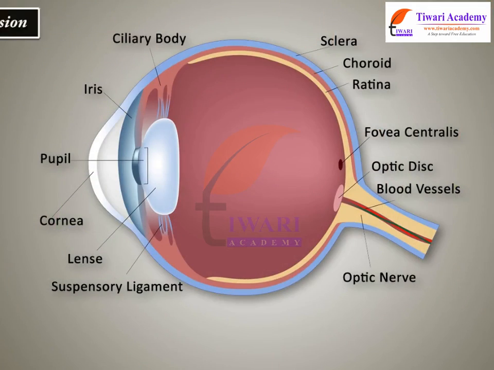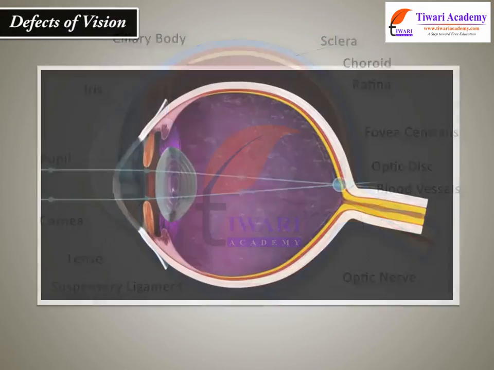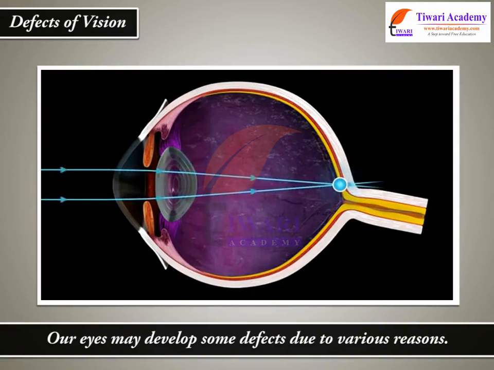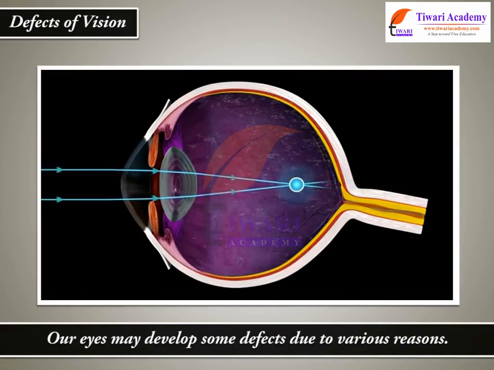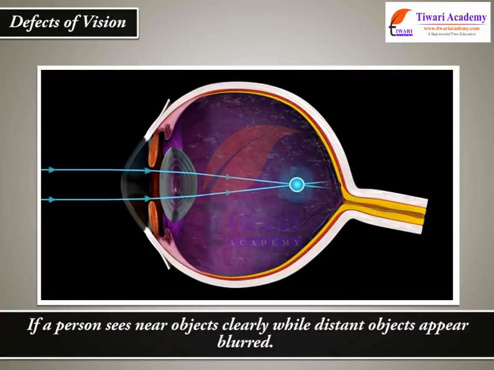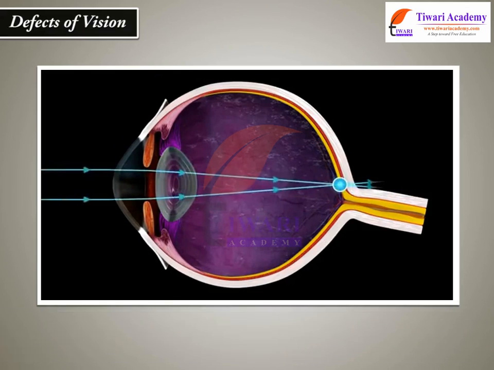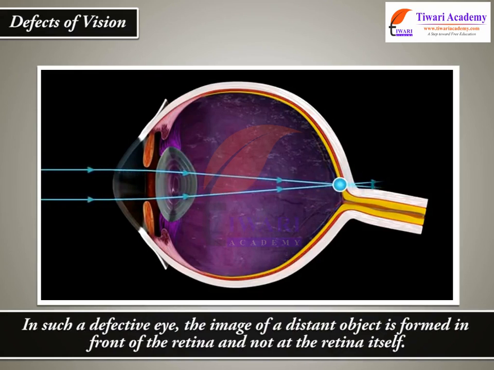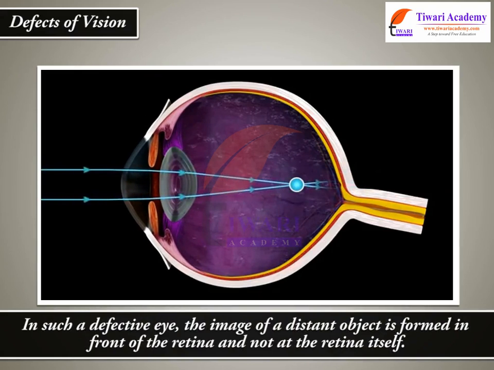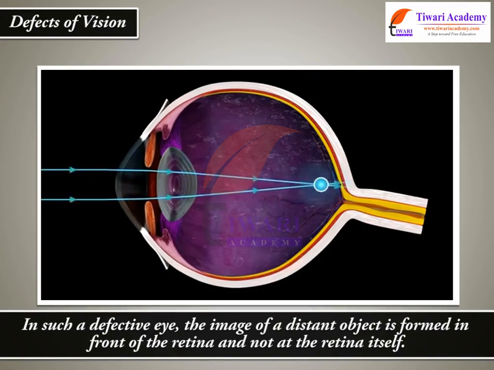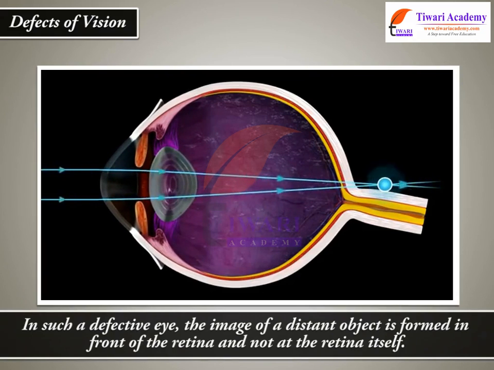Defects of vision. Our eyes may develop some defects due to various reasons. For example, a person may see near objects clearly, while distant objects appear blurred. In such a defective eye, the image of a distant object is formed in front of the retina and not at the retina itself.